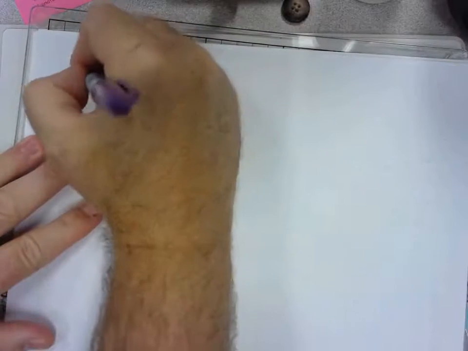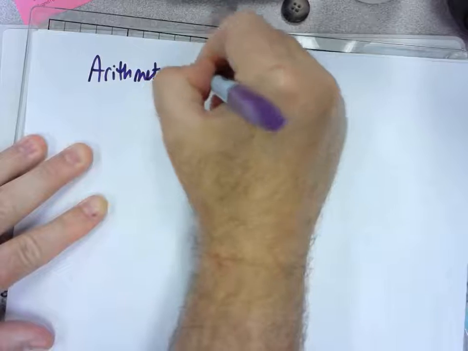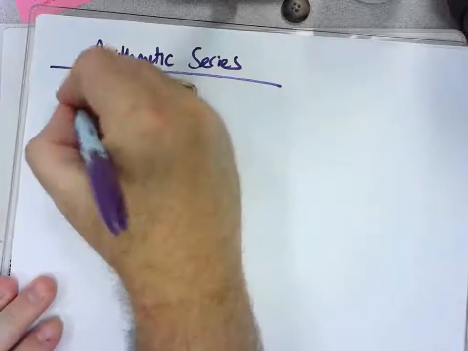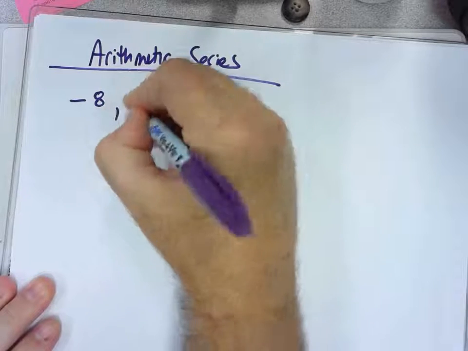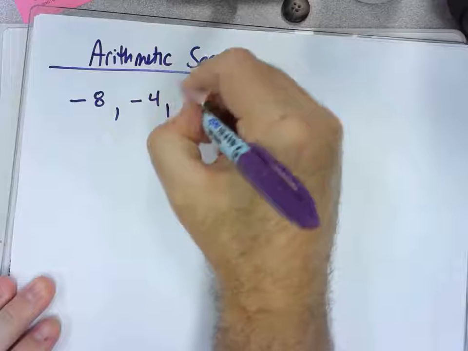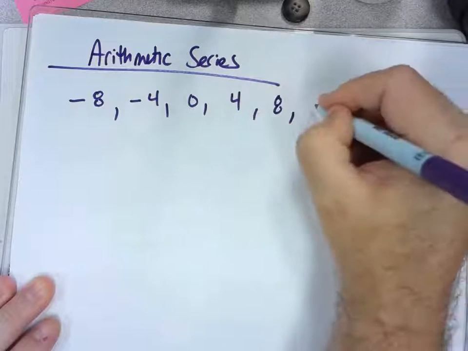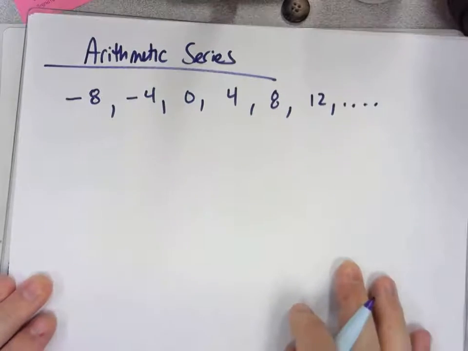Can we go over arithmetic series? Yeah, arithmetic series. Sequences is the easy stuff. Okay, in an arithmetic series, I could have something like negative 8, negative 4, 0, 4, 8, 12, and so on.